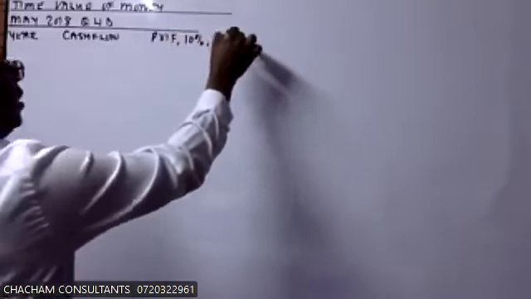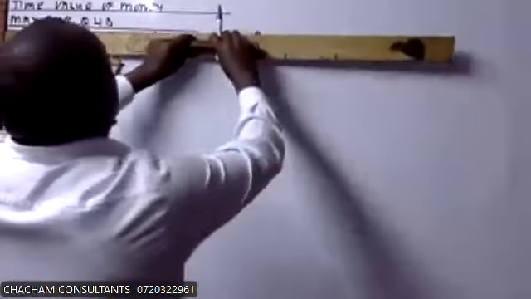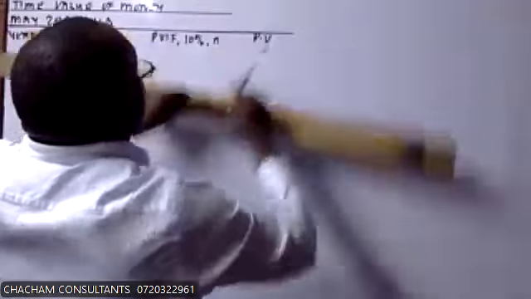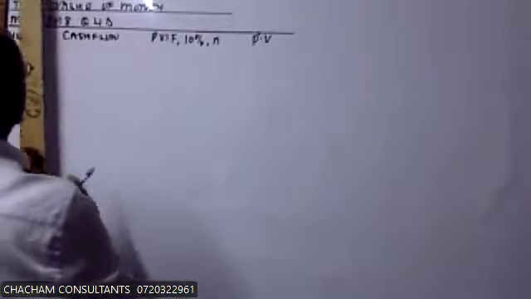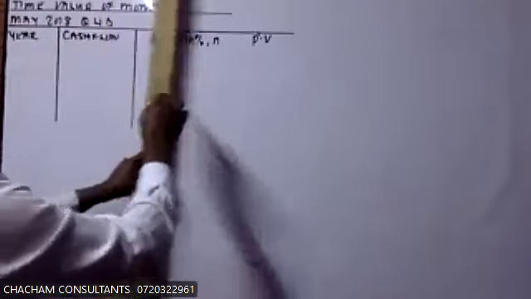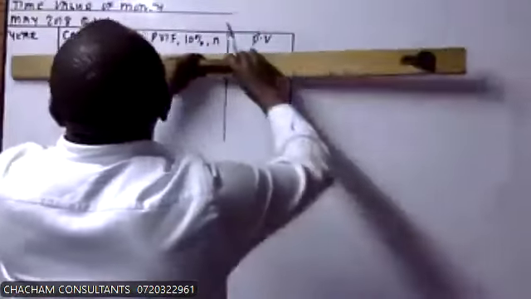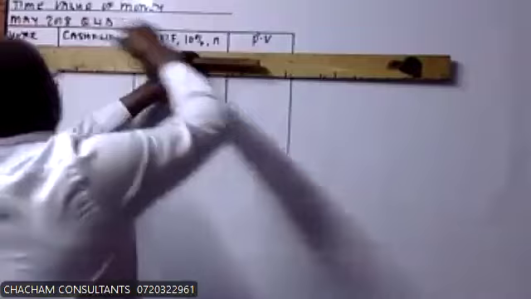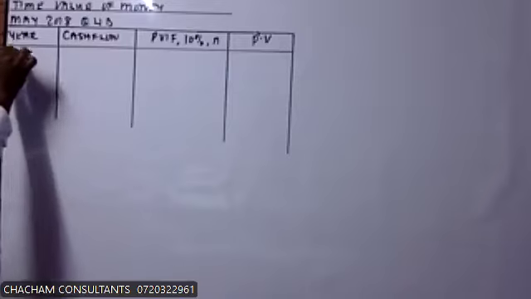And then N. And then we will get the present value. So we have the year 1 to year 5.